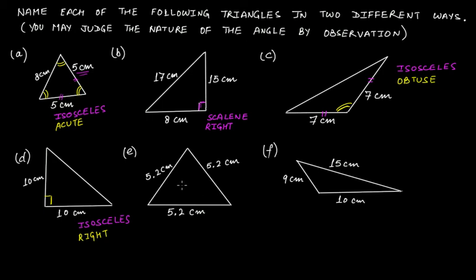For this one, 5.2 centimeter, 5.2 centimeter, 5.2 centimeter, the first thing that will come into your mind on the basis of the length of the sides of this triangle will be that it is an equilateral triangle.